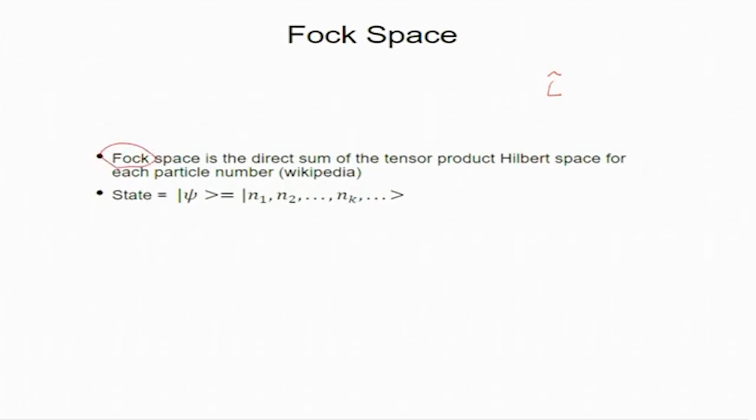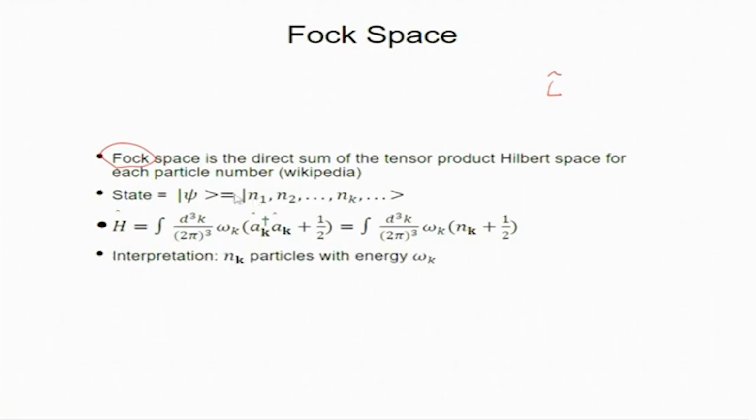Fock space is a direct sum of tensor products of Hilbert spaces for each particle number. This is taken from Wikipedia, and the state psi is in a Fock space, with the Hamiltonian which I wrote in the last slide. So, n_k particles with energy omega_k live in wave number k, and this is my state for the field.